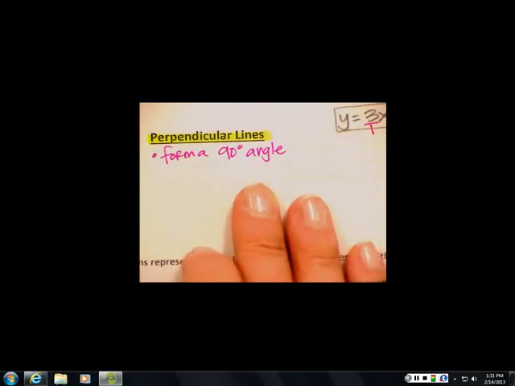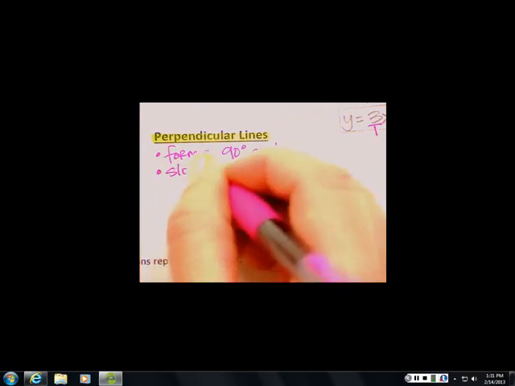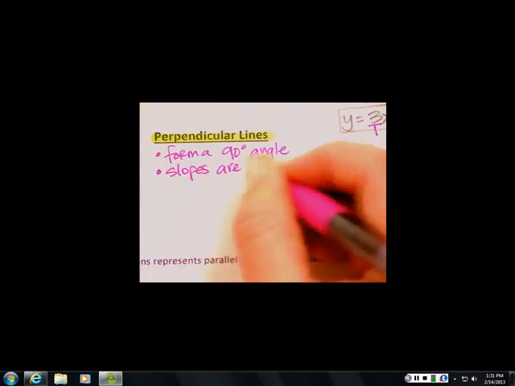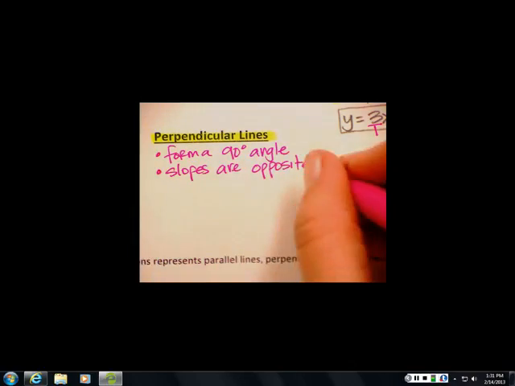This is 90 degrees. The corners of a square, the way the floor meets the wall, that angle is 90 degrees, which we call perpendicular. And the slopes are opposite reciprocals of each other.